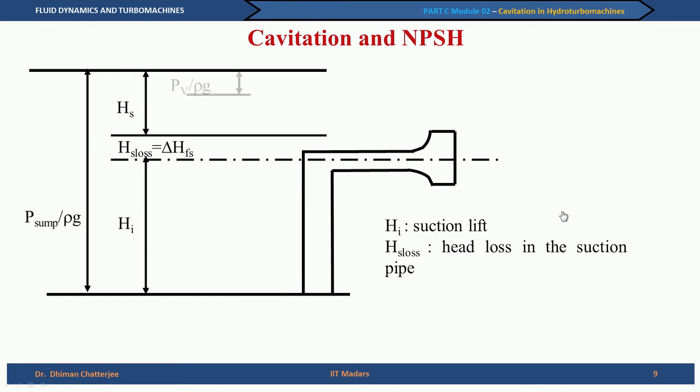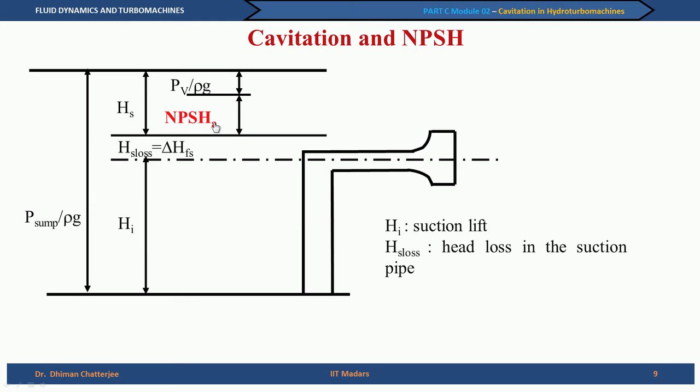And we can then say that if the vapor pressure at the water temperature, or that liquid temperature, is P v, then the corresponding head can be expressed as P v by rho g. So, if we subtract P v by rho g from H S, we get NPSH A. This NPSH A, that subscript A, stands for available.